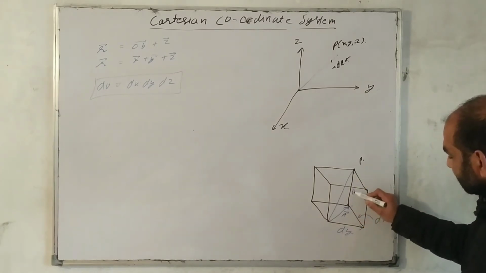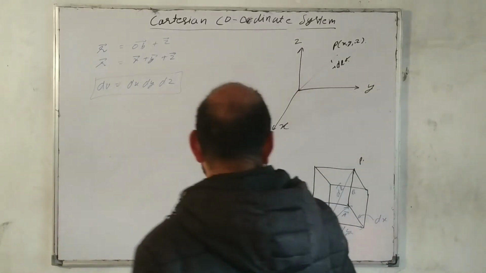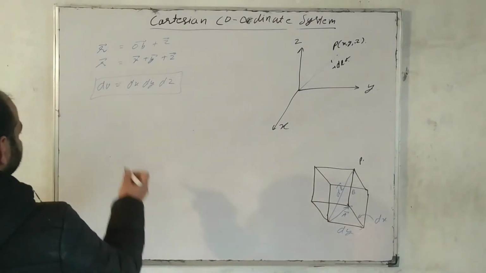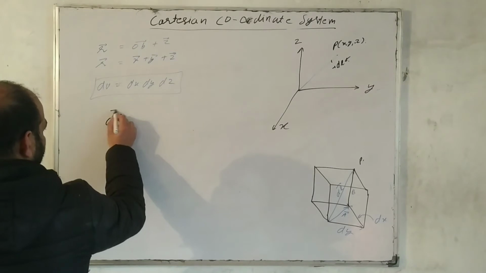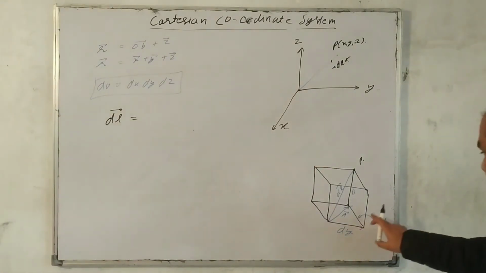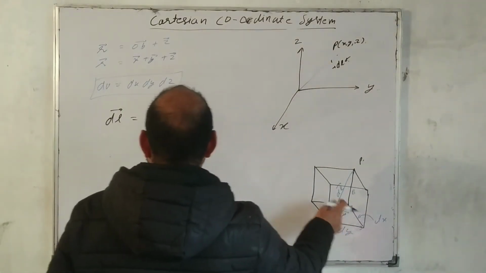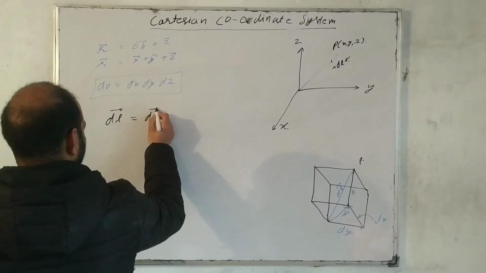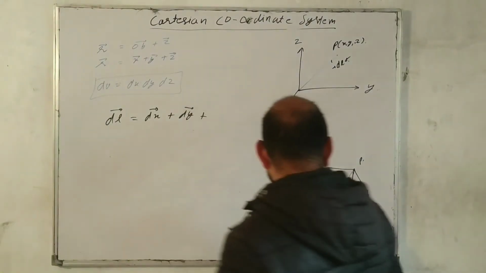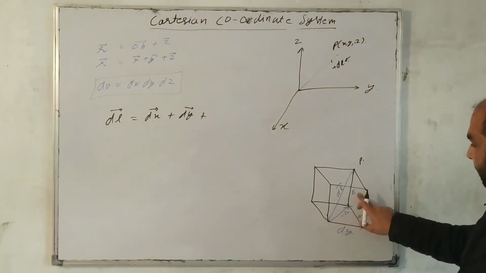Then a vector plus b vector is equal to the dl vector. So the dl vector is equal to the dy vector plus the dx vector, which gives rise to the a vector. So I am writing it as dx vector plus dy vector, and the sum of dx and dy is a. Now a plus b.